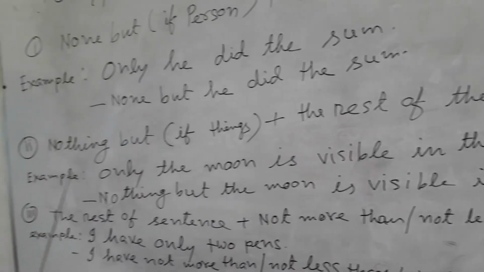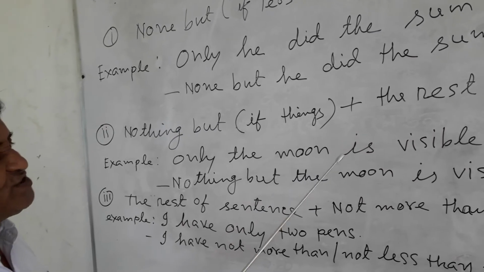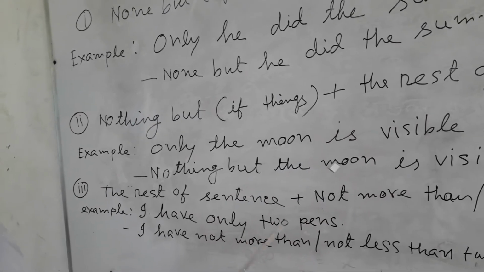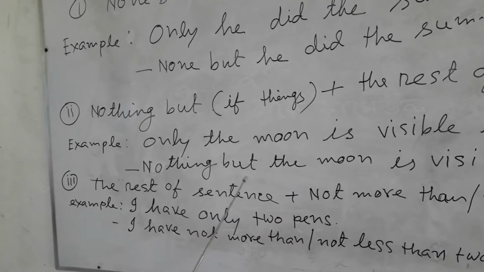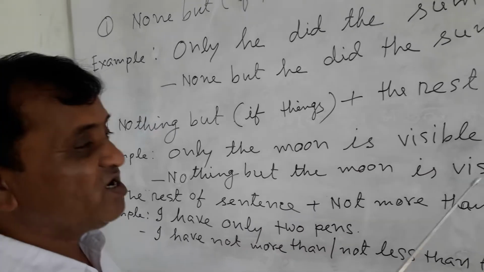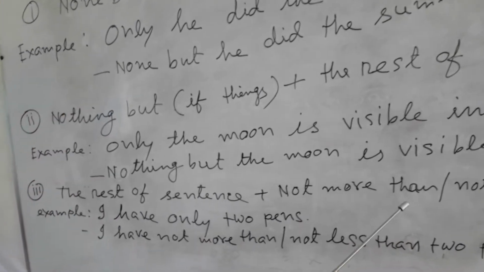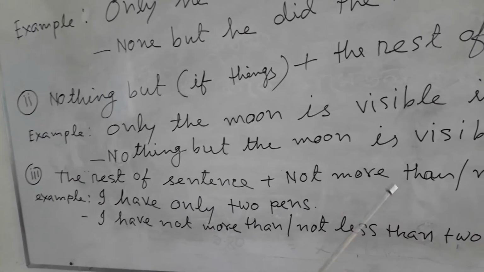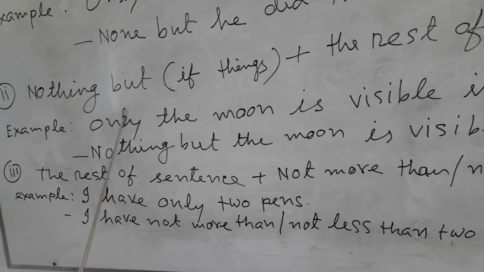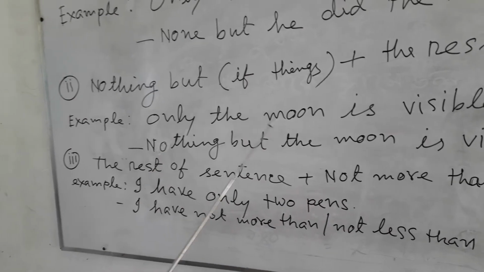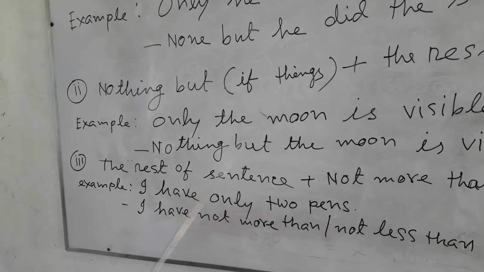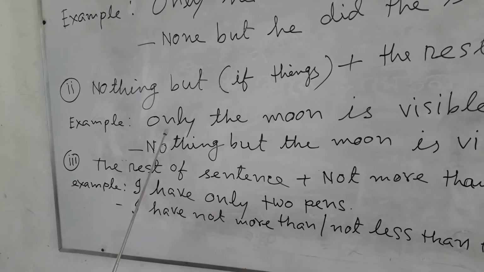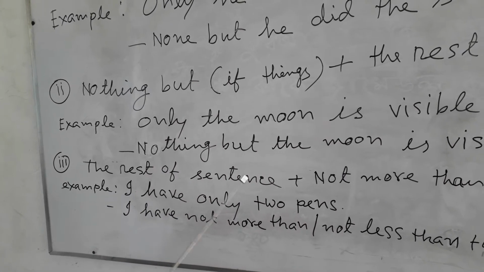Example: Only the moon is visible in the sky. The answer: Nothing but the moon is visible in the sky. Now we notice that only indicates the moon. The moon is a thing. So we use nothing but in place of only here.